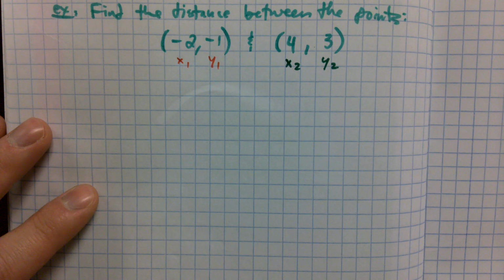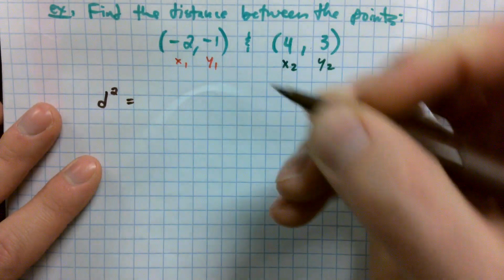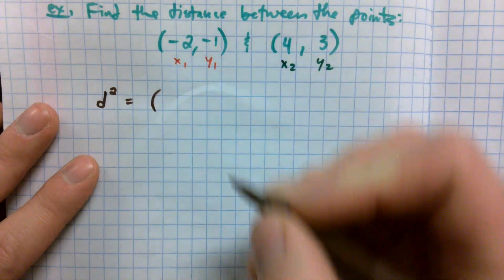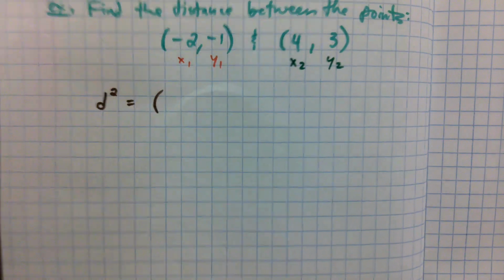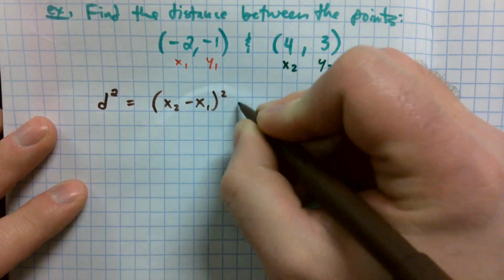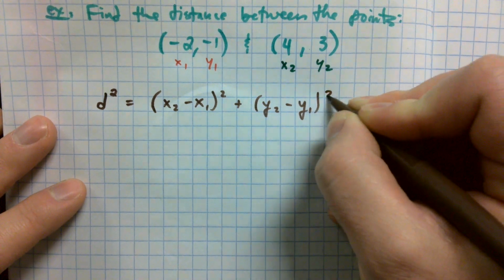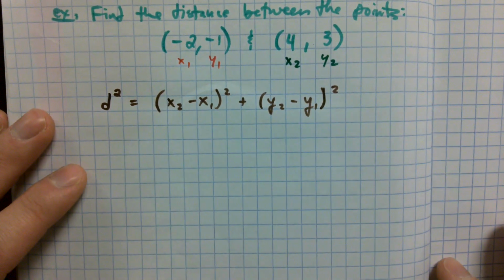I'm going to write out my distance formula. D squared equals x2 minus x1 squared plus y2 minus y1 squared.